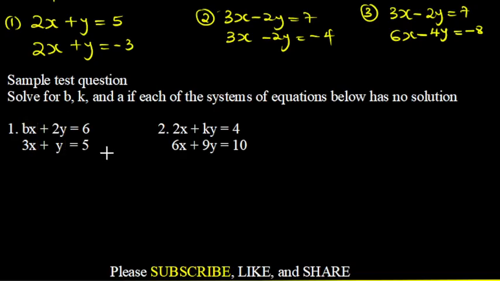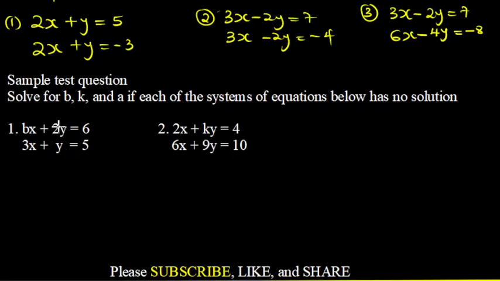To solve for b here, because we are looking for b in this first one, we look at the coefficients of y. That is to say, this is 2 and this is 1.